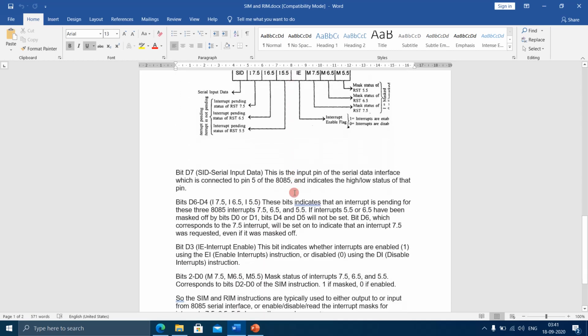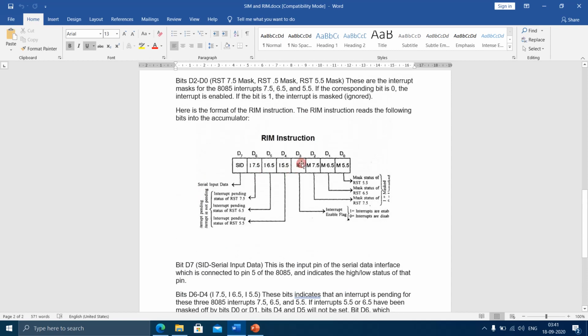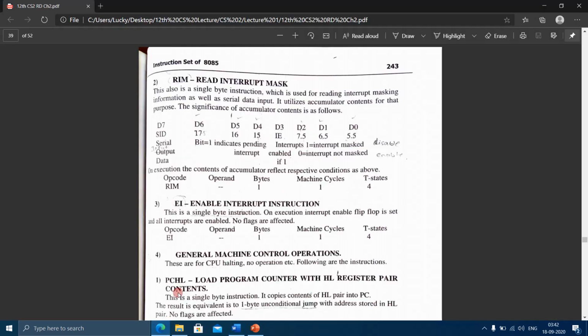Then we will talk about the D3 bit. Before the RIM instruction, if we use the enable interrupt instruction, which is used to enable all the interrupts of the 8085 microprocessor, that is RST 7.5, 6.5, 5.5, all the interrupts will be enabled.